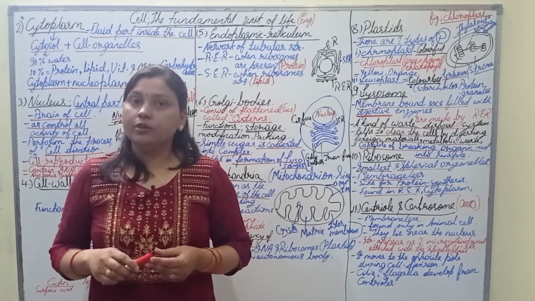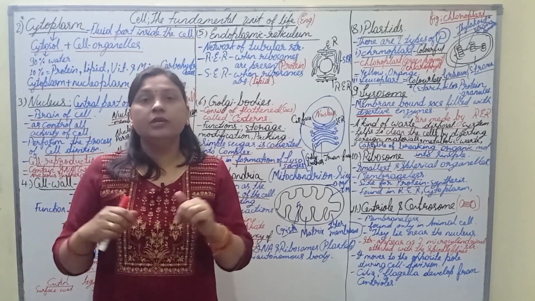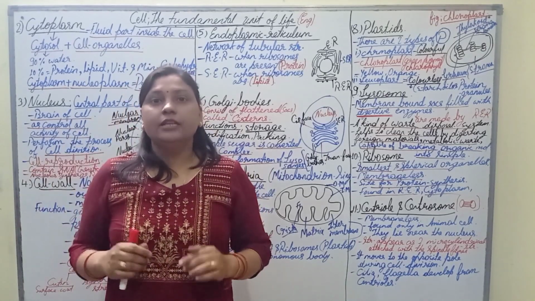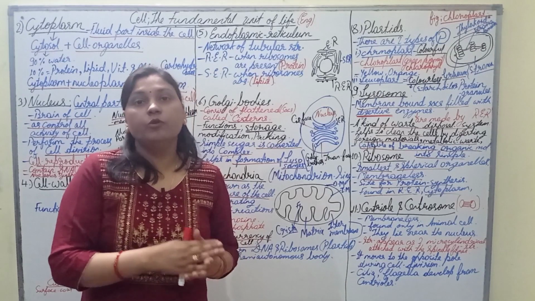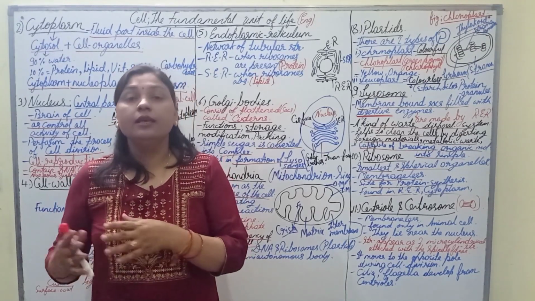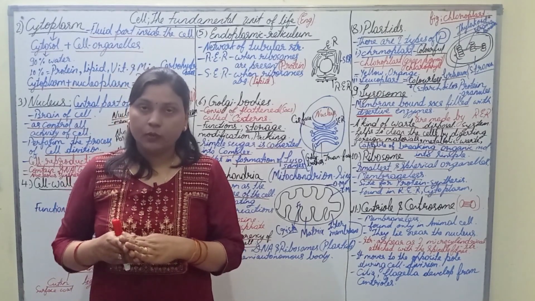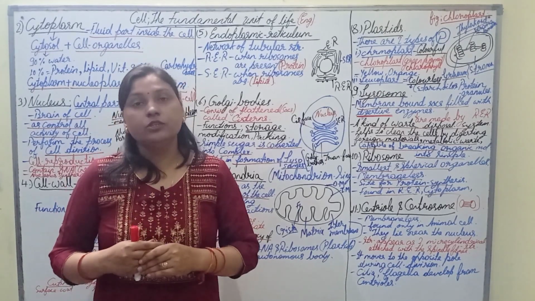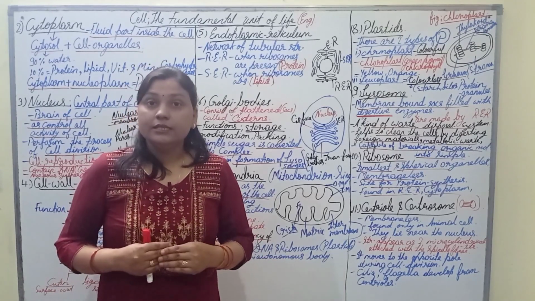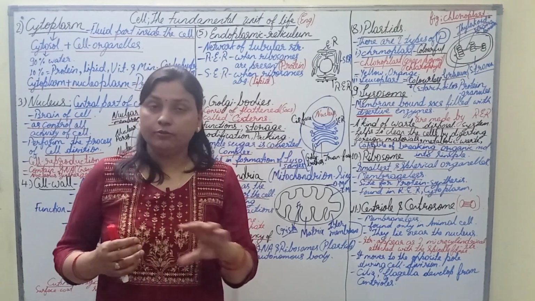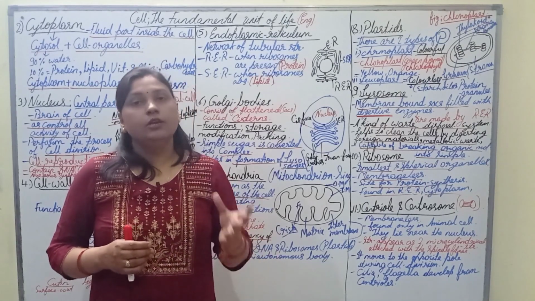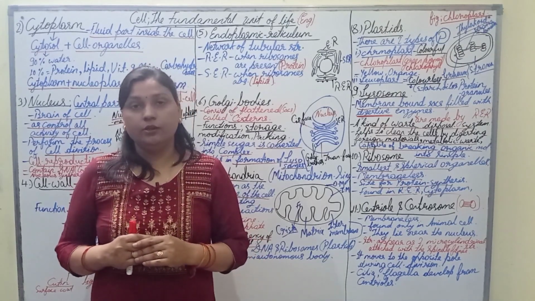The fourth important function is that, being a network of tubules and sheets, it performs the very important function of transporting lipids and proteins wherever they are required by the cells. The fifth important function, of the smooth endoplasmic reticulum, is that it is helpful in the detoxification of the liver. That means toxins present in the liver are flushed out with the help of smooth endoplasmic reticulum.